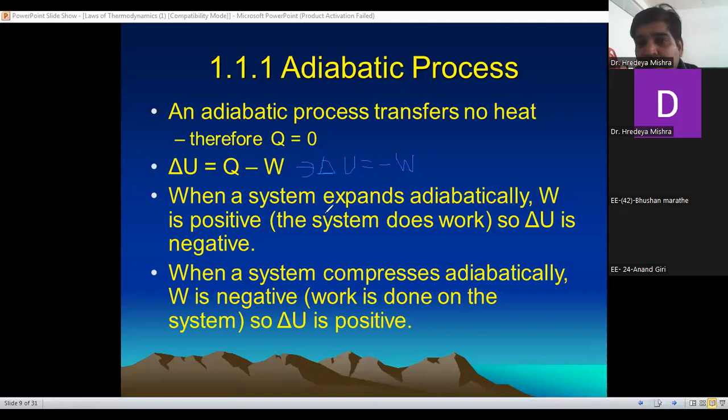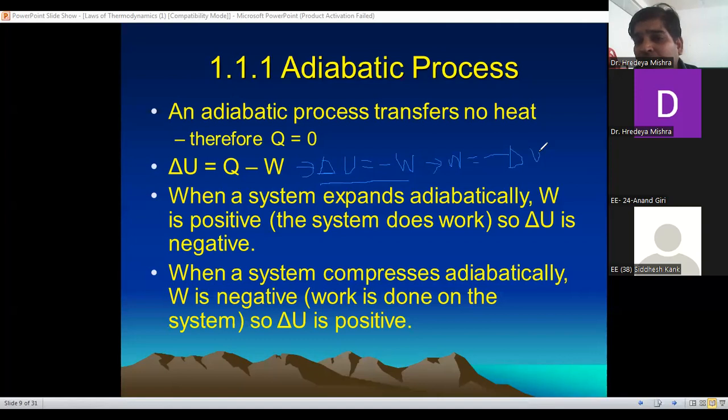But what does this statement say? When a system expands adiabatically, work done is positive. So if work done is positive in this equation, then we put W equal to minus delta U. That is the mathematical formula.